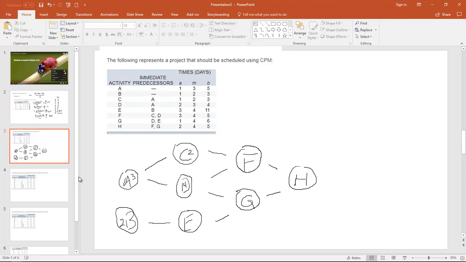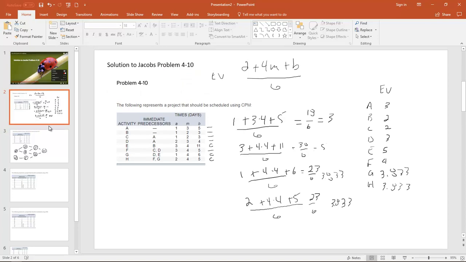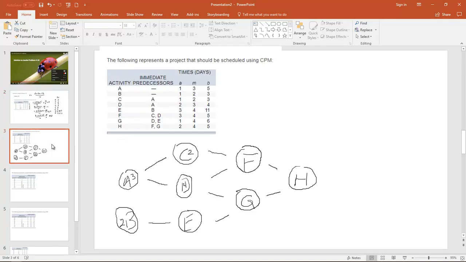And E we had to go figure out, which was 5. I'll put 5 in here. And then F was 4 because it was symmetric. We don't have to do any calculations on that. We can just inspect it and say, oh, that was 4. And then both G and H were 3.833.